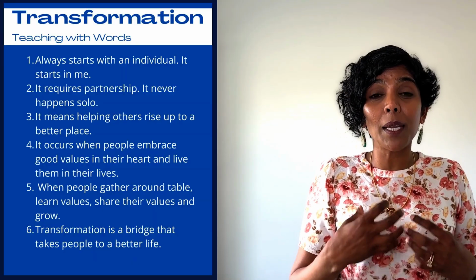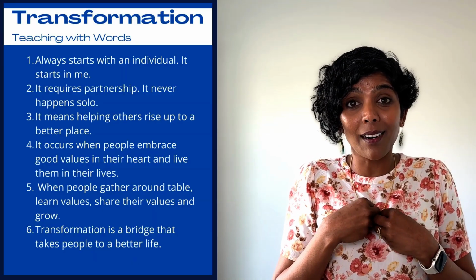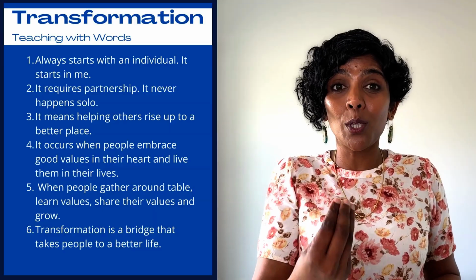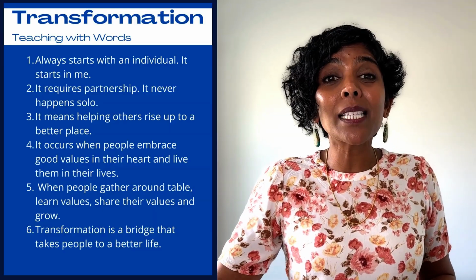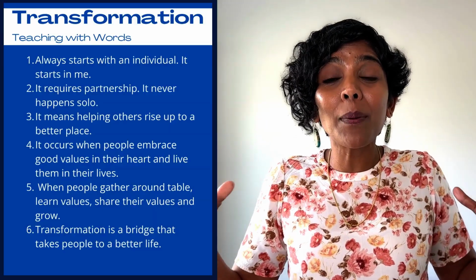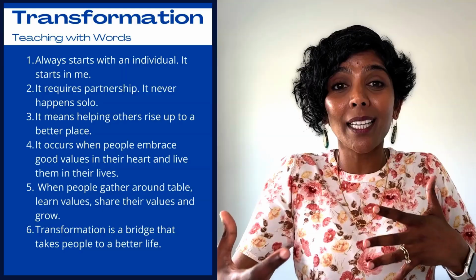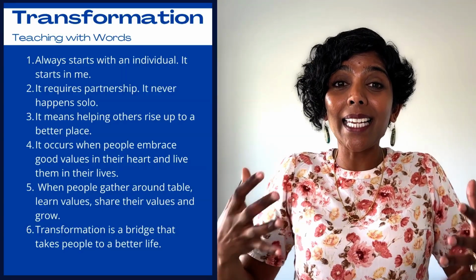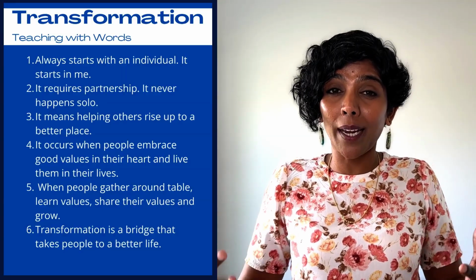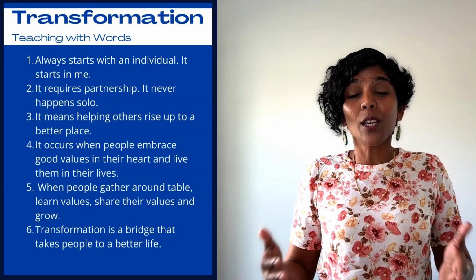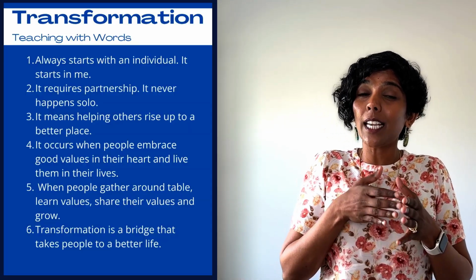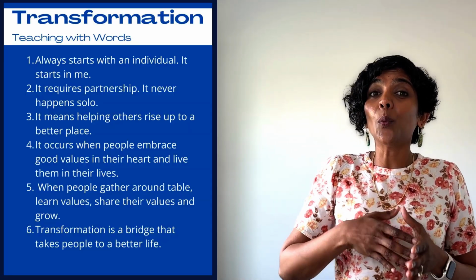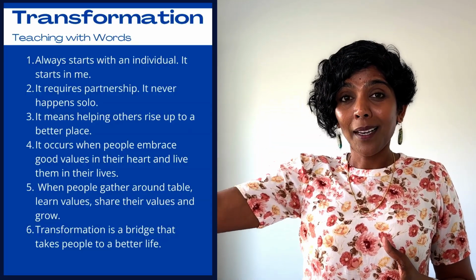It occurs when people embrace good values in their heart and live out those values. It happens around the table when people are connecting and sharing their thoughts and ideas and engaging in a meaningful way. Last but not the least, transformation is a bridge that takes you from where you are to where you can be. I know it was really hard for you to retain those 6 points.